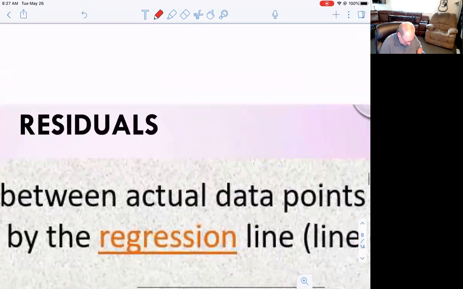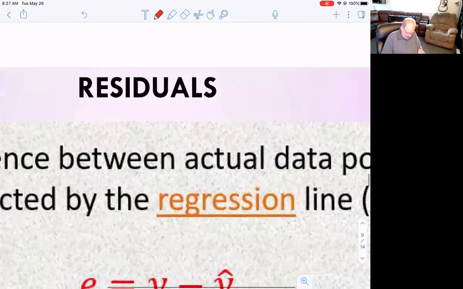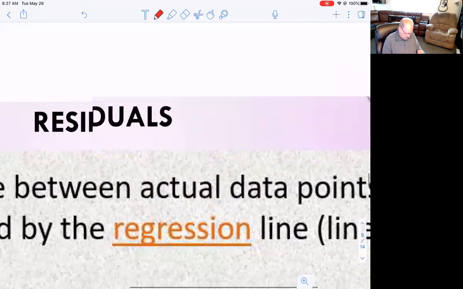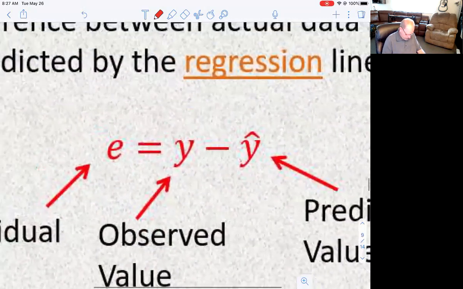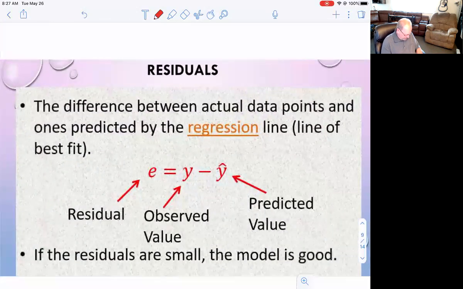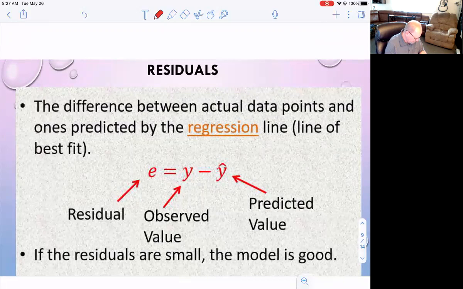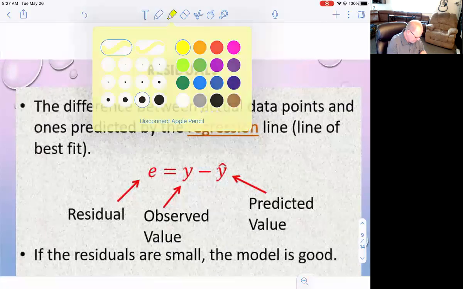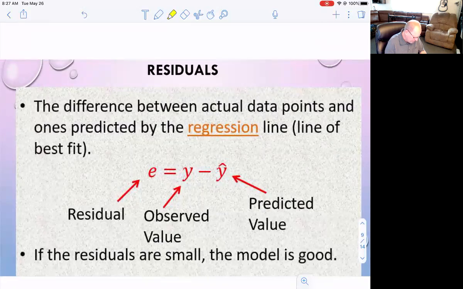algebraically, okay, I made the mistake of making this screen large and now it doesn't want to go small again. There we go. Okay, so we're going to take the observed value, in other words, the value at the point, and we're going to subtract from it the predicted value. In other words, the value that the equation gives us. So the observed subtract the predicted.